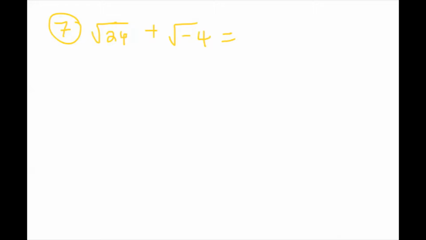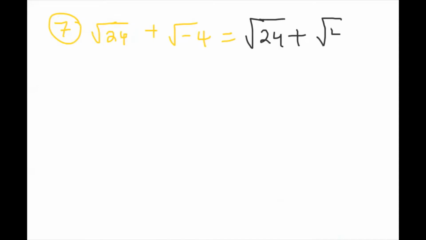It's also on your worksheet, and we're going to split this up because it's going to be a complex answer, just like the one before. We've got the square root of 24 plus the square root of -4. First thing I'm going to do is make things positive so I can work with them better.